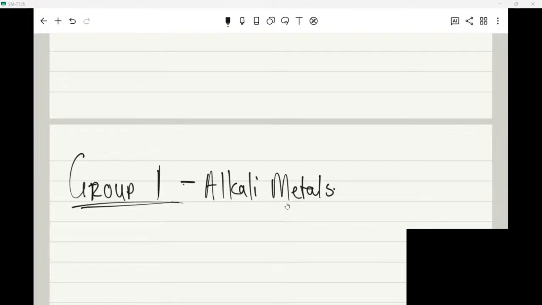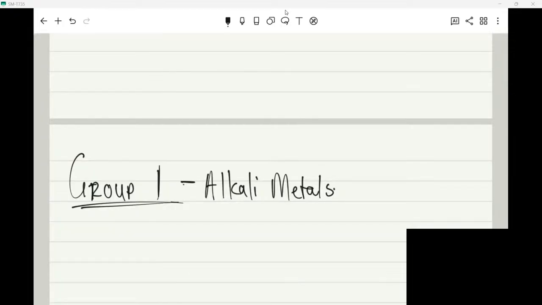If you put them into water, they'll make strong bases that can neutralize any acid. So we call them alkali metals because they make strong alkalis or bases. Bases are alkalis when they're soluble. So group 1, these are alkali metals.